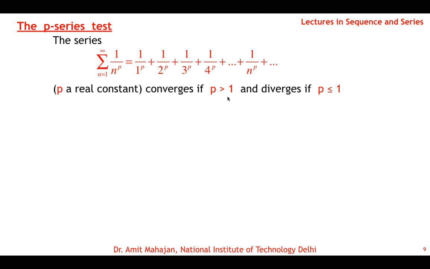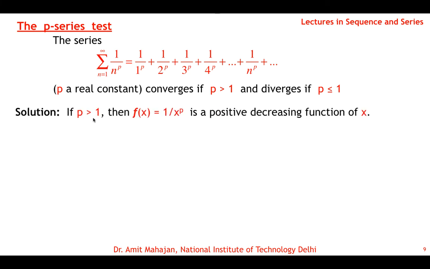First we'll prove that it converges for p greater than 1. Okay, so if p is greater than 1, then see that if we write the function f(x) equal to 1 by x power p, and p is greater than 1, then it's a positive decreasing function of x.